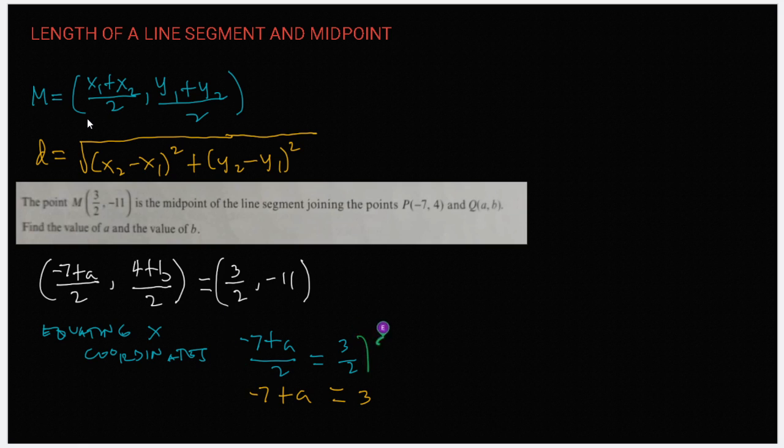That will give us -7 plus a is equal to 3. In the end, we can say that a is equal to 10. So we already got the value of a.